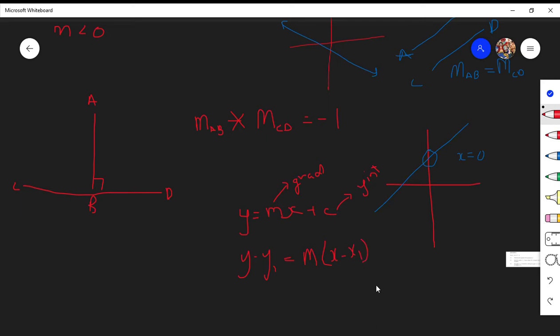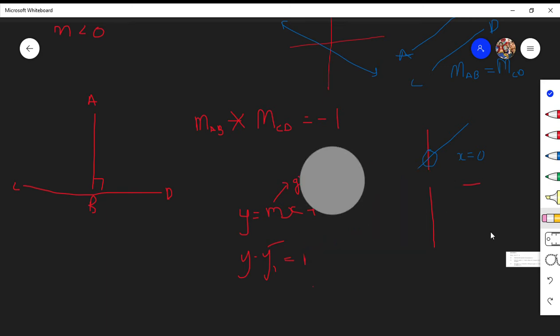So in order to calculate an equation of a line using this equation, we need to first calculate our gradient. And after we calculate our gradient, we need to choose any point on that line, and that would be our x1 value and our y1 value. Okay, so I think that's about it for straight lines.